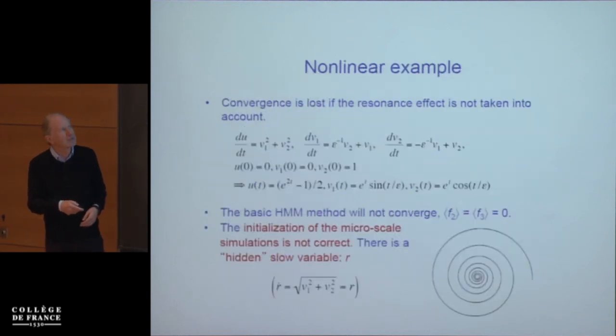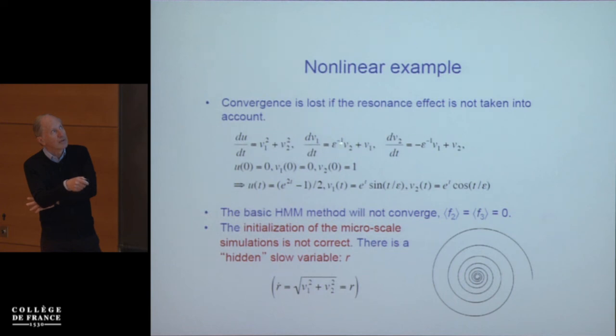And we'll see that explicitly. If you take our simple example, what we had here was v1, v2, a harmonic oscillator. Ignore these terms here. Then it was spinning around a circle, and these oscillations averaged out, giving an exact solution here. You can do that and start off again.